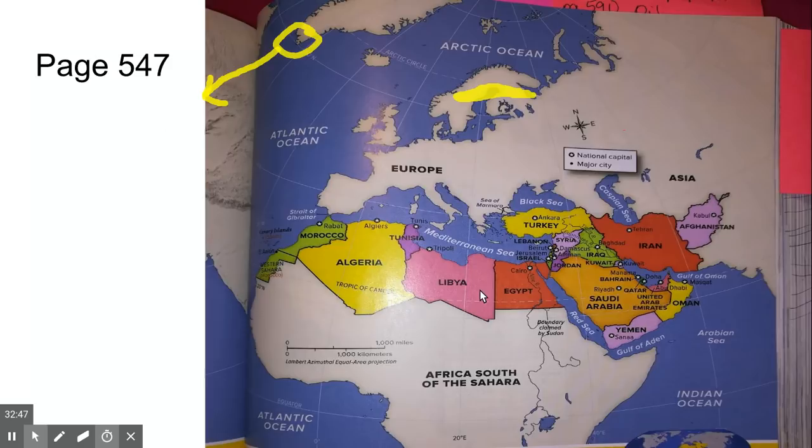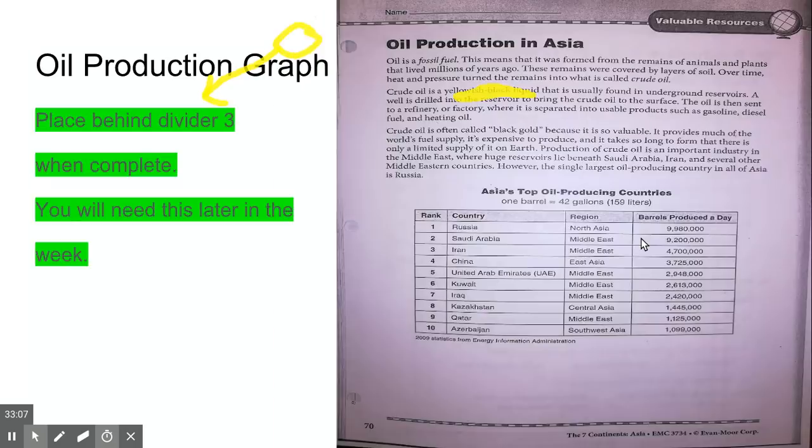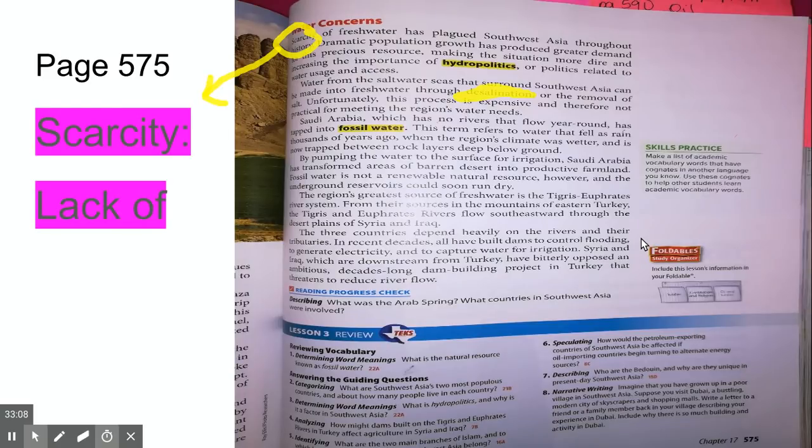Let me point out, sorry, that was crazy. Here's the Tigris. Here's the Euphrates. So the majority of fresh water in this area is coming from those two rivers. And when it's more than one river, it's called a river system. Okay, so let me go back to that slide. So that's really key for the people in this area to have fresh water.